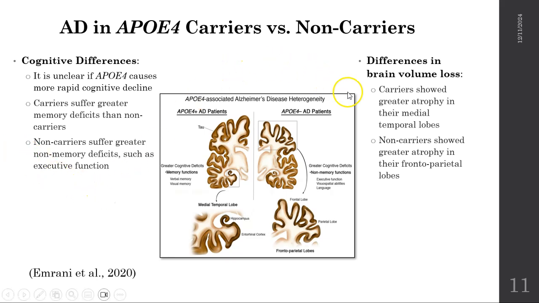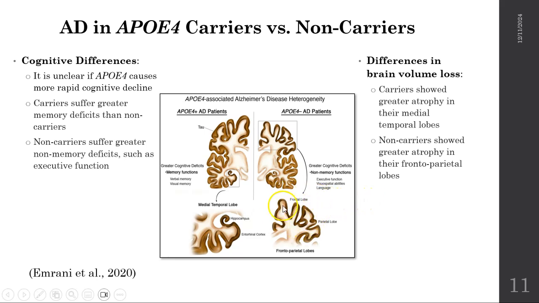These deficits appear to correlate with differences in volume loss in certain areas of the brain. Carriers show greater atrophy in their medial temporal lobe, so we see here degeneration of the hippocampus and entorhinal cortex, which may correlate with the more pronounced deficits in memory that this group experiences, while non-carriers show greater atrophy in their frontoparietal lobes.